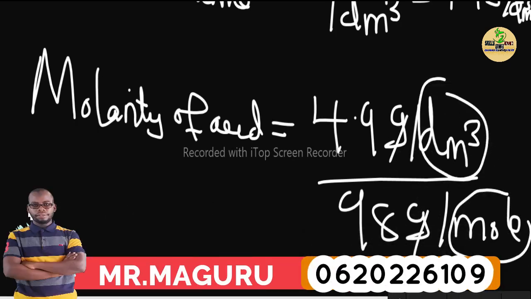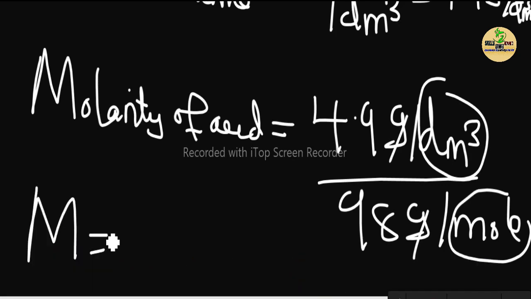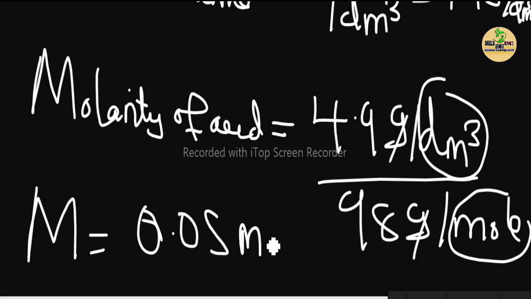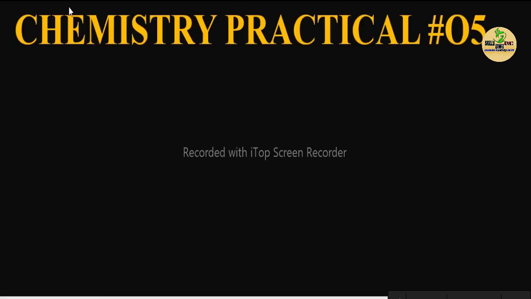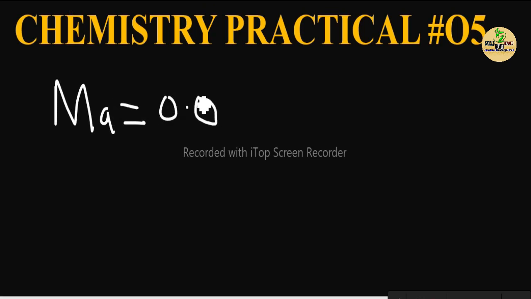So molality is equal to 0.05 mole per decimeter cube. That is molality of acid. After getting molality of acid, MA is equal to 0.05 M.